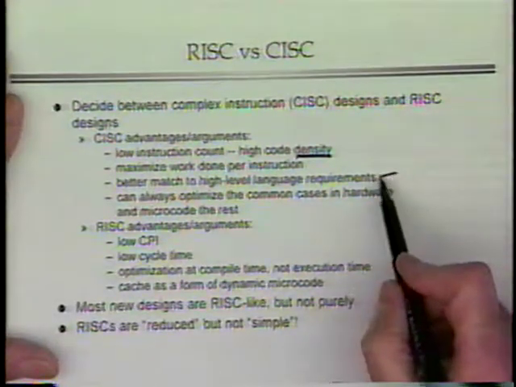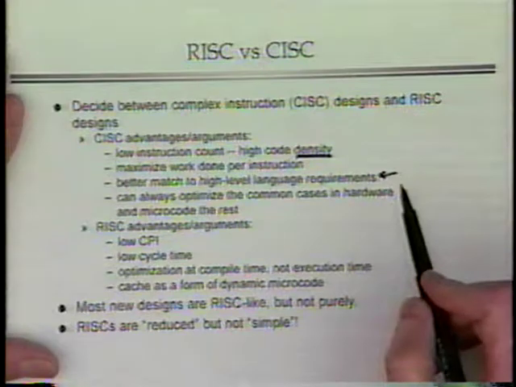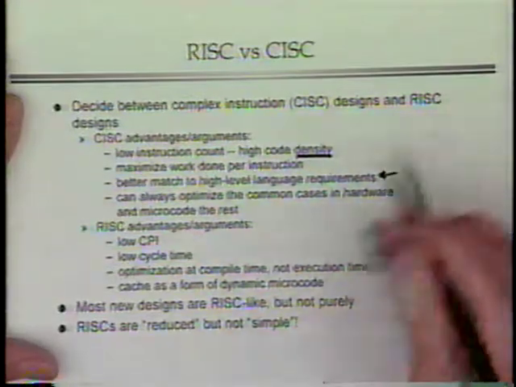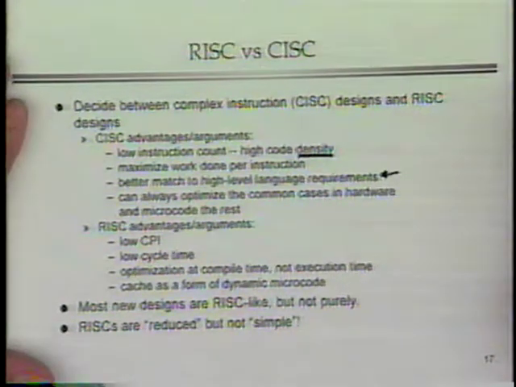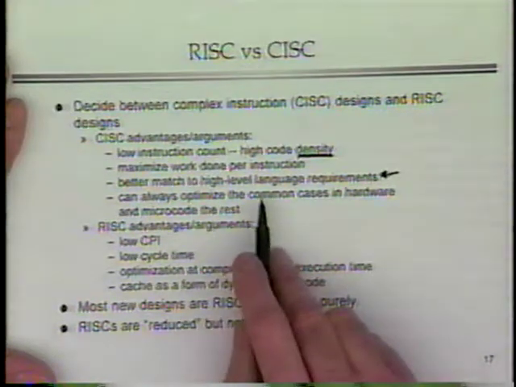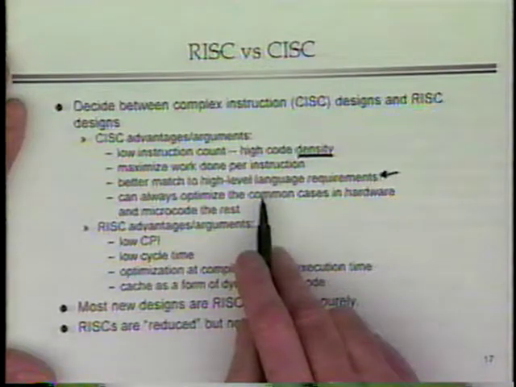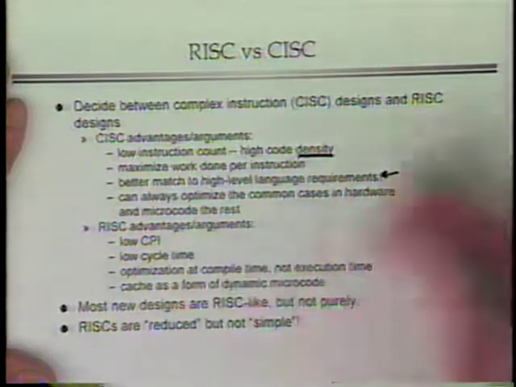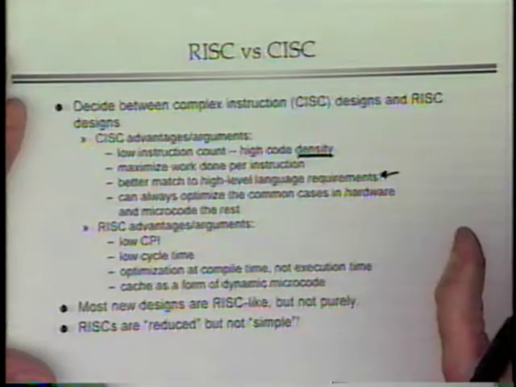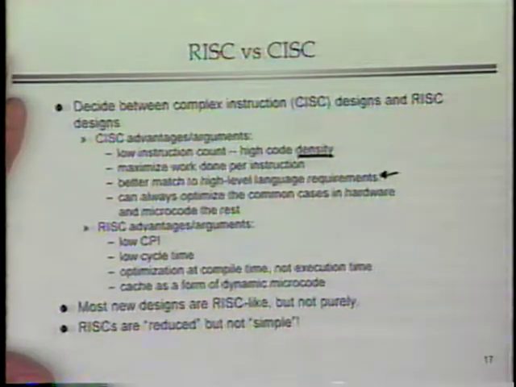Another famous argument was that it's better to match the design of the instruction to high-level languages and let the computer do the work rather than the compiler do the work. Well, it often turned out that trying to do those kind of high-level language instructions was counterproductive because the instruction could rarely be used. The special cases for which that instruction was designed either never existed or changed as compilers changed and languages changed in particular.